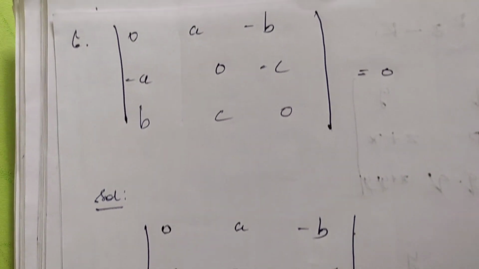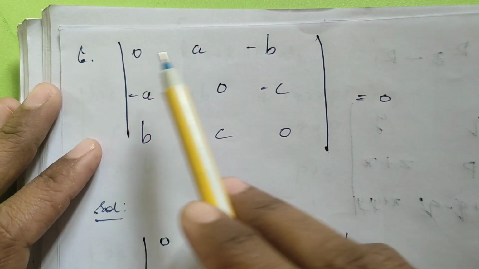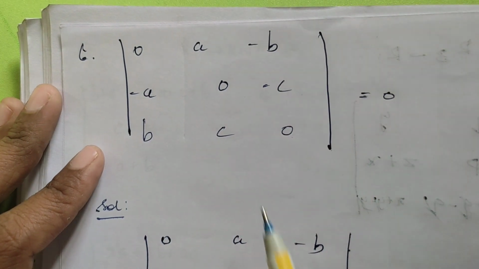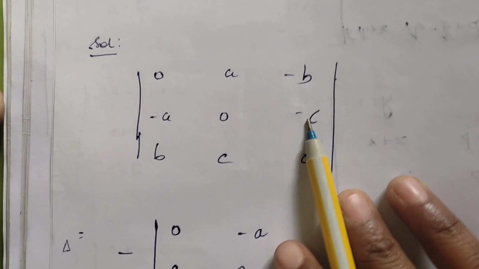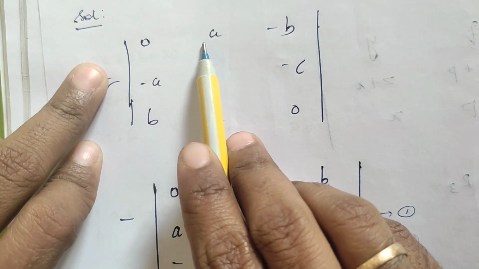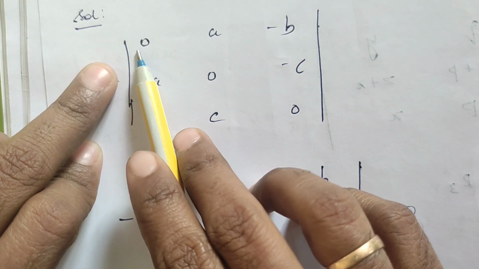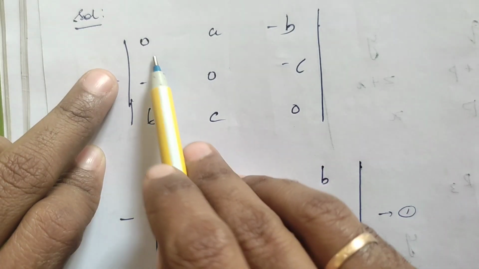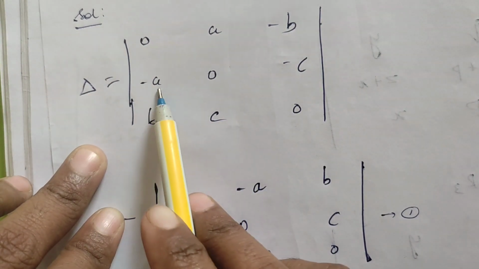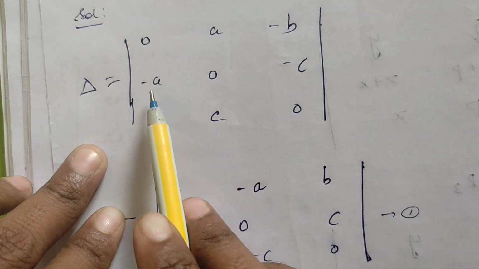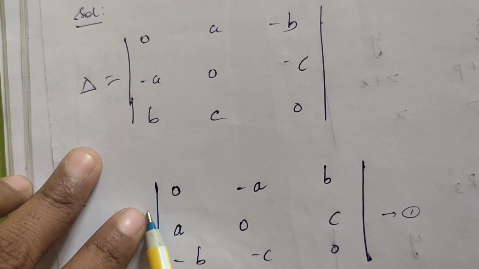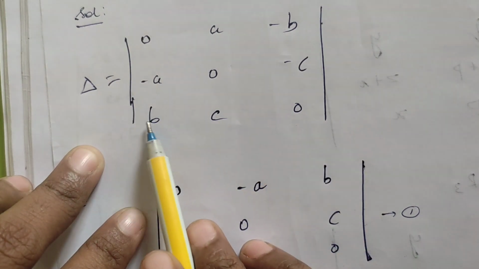The next problem: determinant 0, A, minus B; minus A, 0, minus C; B, C, 0 equal to 0. So this is the given determinant delta. Now minus is taken as a common factor from the first row, that is by the property, minus of 0, minus A, B. Now from the second row again take minus as a common factor, so you will get again minus of A, 0, C. So minus into minus will become plus.